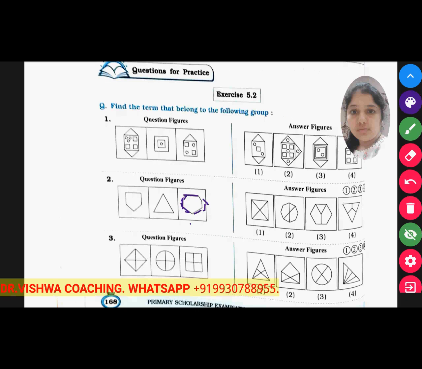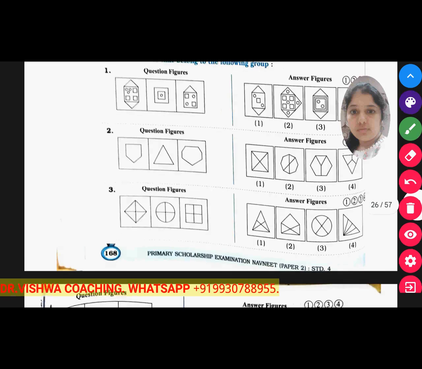So you have to identify which figure shows an odd number of lines. Here in the square there are 4 sides and these two make 6, which is even. This is an octagon and 10 lines here. This is a hexagon and 3 lines are there inside it, so it is made up of 9 lines. And this triangle also has 6 lines. So the correct option is option number 3.